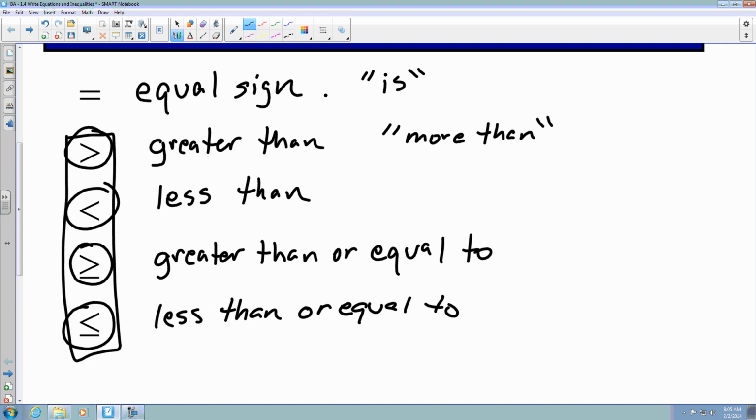That might be a tell. For less than, you could see "fewer." When you see the term greater than or equal to, you could say "at most."